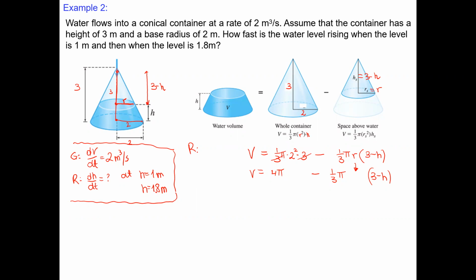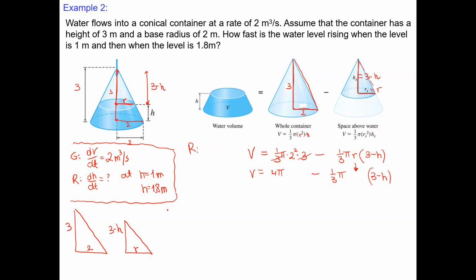You may guess this. We do have similar triangles. Let's put them, actually we can see them nicely here. 3 and 2, right? And then 3 minus h over r. Okay, 3 and 2, and the space above is 3 minus h over r.